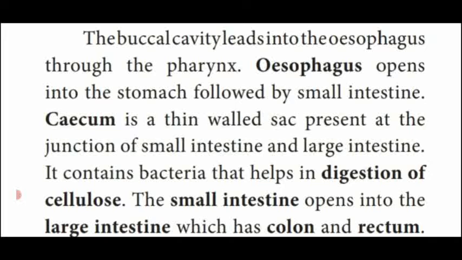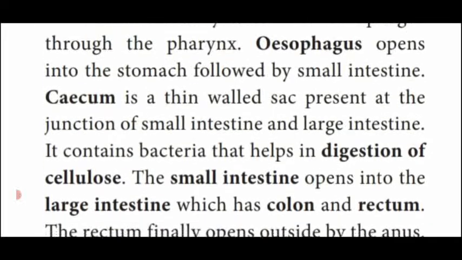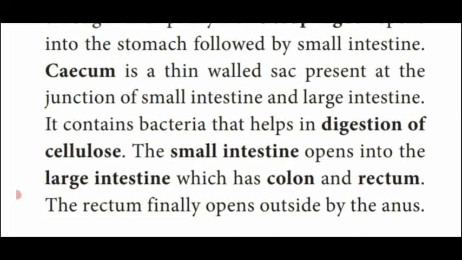To digest the cellulose, the cecum contains microorganisms, that is bacteria. Then the small intestine opens into the large intestine, which is followed by the colon and the rectum. Finally, the rectum opens outside by the anus.